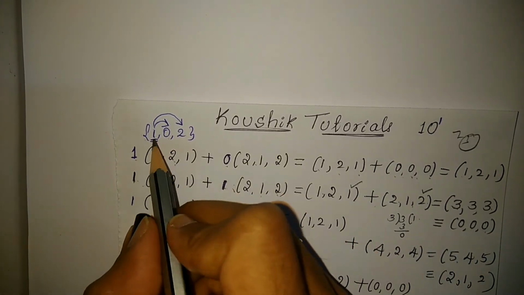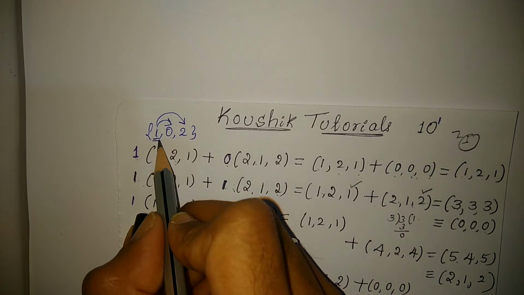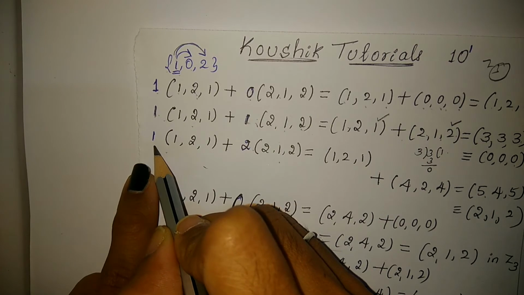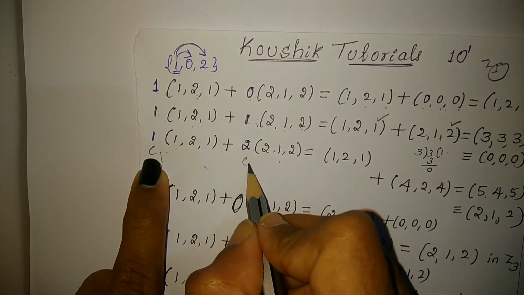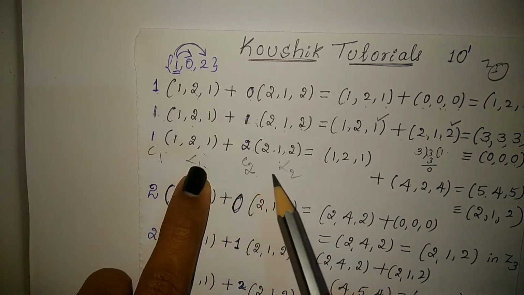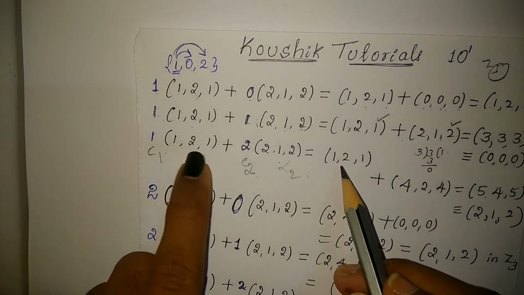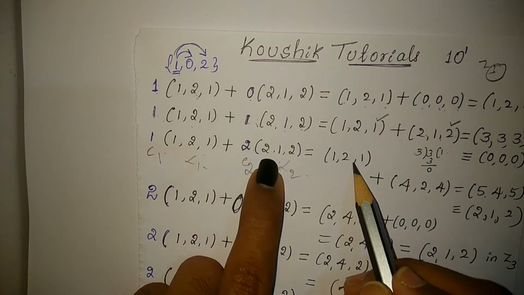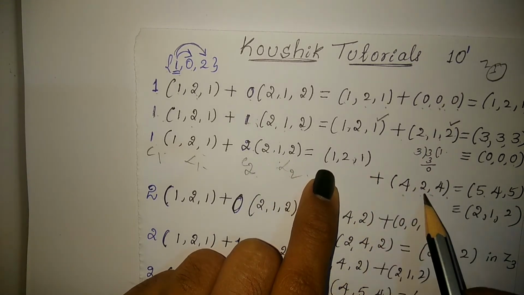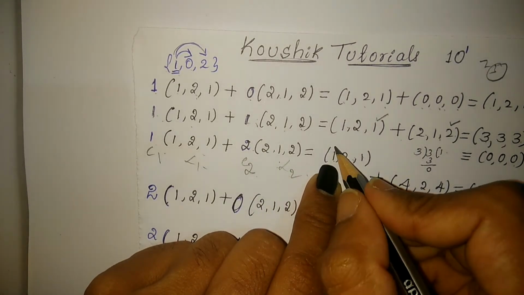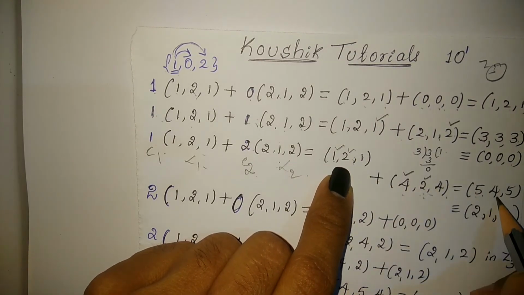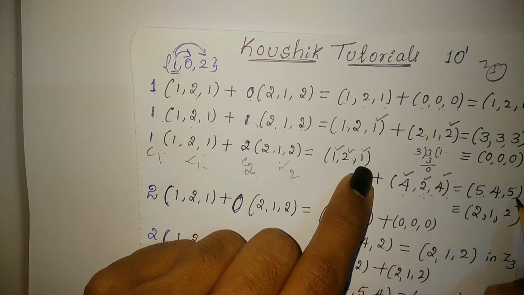So next, 1 with 0 is over, 1 with 1 is over, last 1 with 2. So now I am considering the scalar C1 as 1 and C2 as 2, alpha 1, alpha 2 same. So C1 into 1 2 1 plus C2 into 2 1 2. Okay. So 1 into 1 2 1 is 1 2 1. Here 2 2s are 4, 2 1s are 2, 2 2s are 4. If I add these two triplets, we get 1 plus 4, the first coordinate 5. 2 plus 2 is 4. 1 plus 4 is 5.